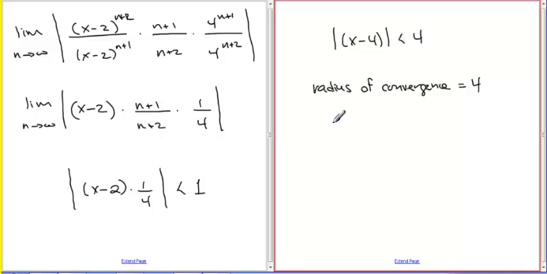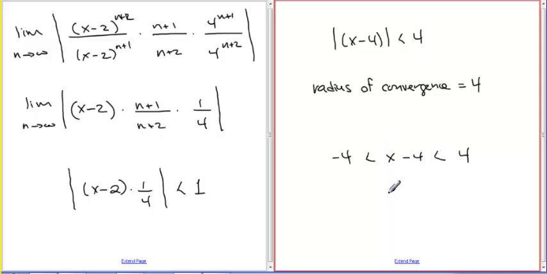Now my interval of convergence, we have this absolute value thing here. So basically that says that we take this number and we do the negative and the positive. And then in the middle we have whatever is inside the absolute value, which is x minus 2.